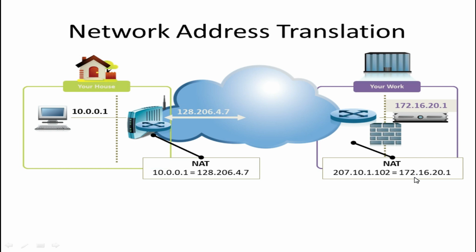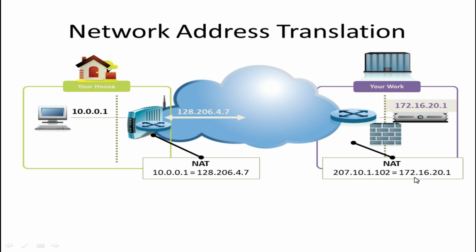What if in your home environment you also have a private IP range? Obviously, when you buy an internet link, you will not get a public IP range. You get a private IP range, which is somehow getting NATed to a public IP range, and you are able to communicate over the internet.